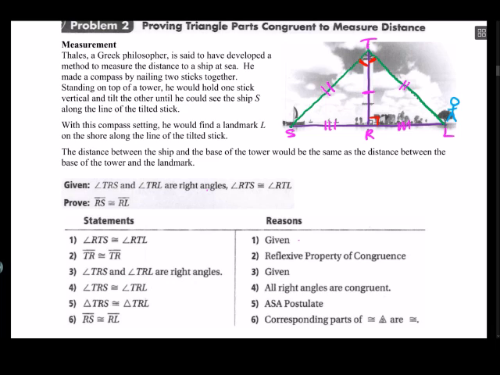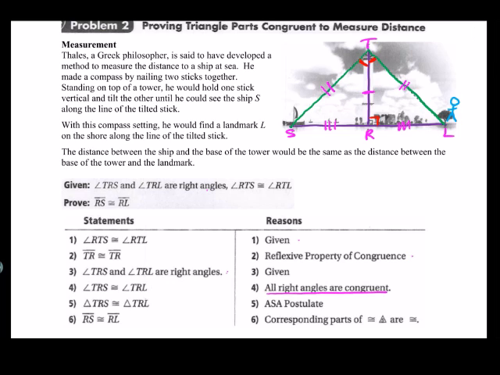So we've got our given angle. We use the reflexive property for the tower that he's standing in, that side of the triangles. We know that the tower is perpendicular to the ground, so we are given that those are right angles. And those angles are going to be congruent because all right angles are congruent. This is going to be a new theorem for us.